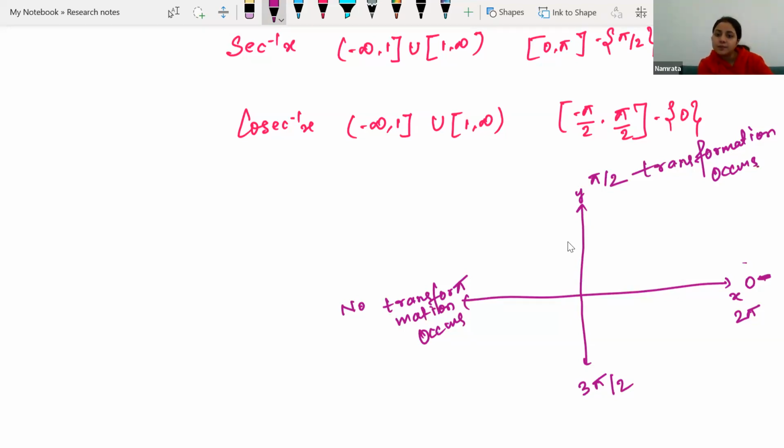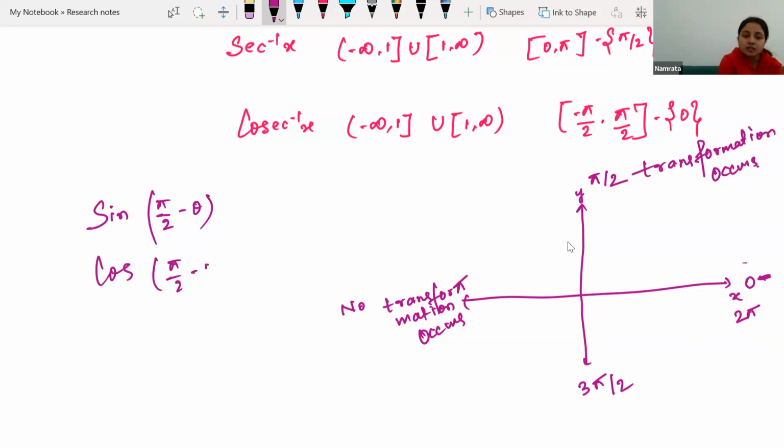Now if we take the angle as sine of pi by 2 minus theta, cos of pi by 2 minus theta, this one was very simple and you must have learned that pi by 2 minus theta will give cos theta, right? In the first quadrant, all are positive.